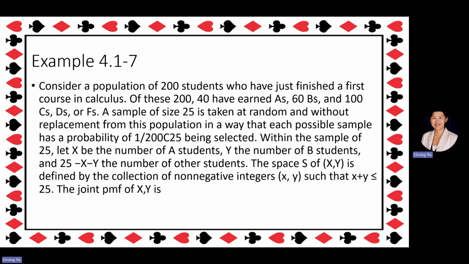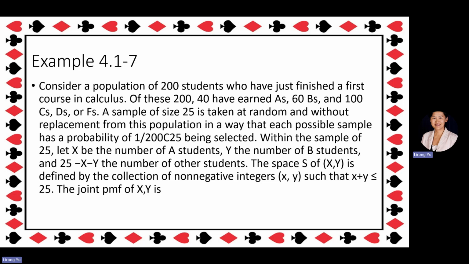Let X be the number of A students, Y the number of B students. Then 25 minus X minus Y is the number of other students. So this is a two variable case. X is the number of A students, Y is the number of B students.